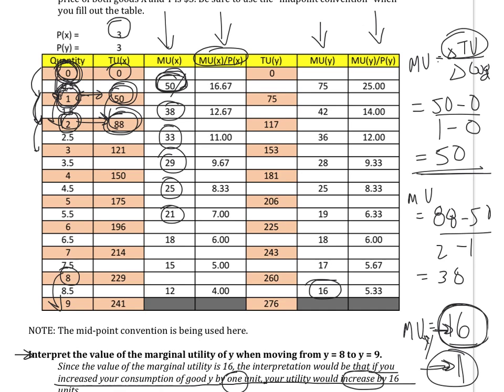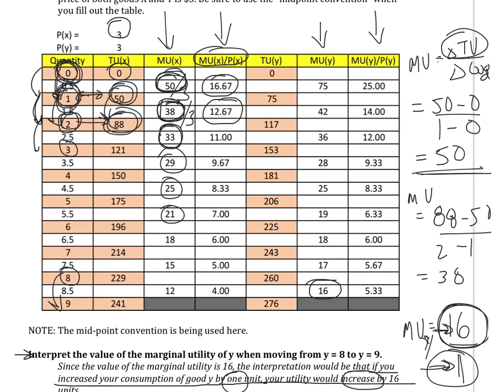So 50 divided by 3 equals 16.67. When we go from 1 to 2, you've already calculated that marginal utility, 38, and divide it by the same price again. So 38 divided by 3 equals 12.67.